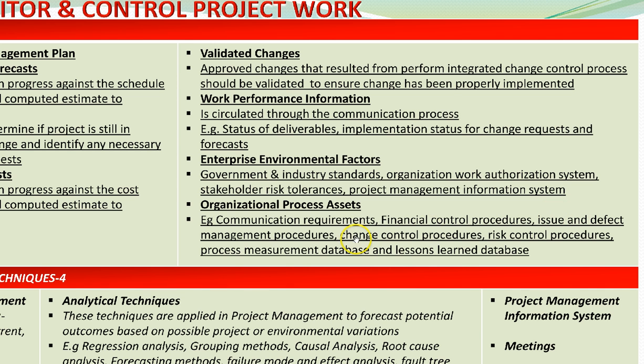How do we implement change control procedures? It's not like the client asks us to change something, we just go ahead and change it. There is a procedure that we need to follow to make these changes. We have to make sure with the change control board, who will sit together and finalize if they want to change it or if they don't want to change it. So we have to follow those procedures for change control.